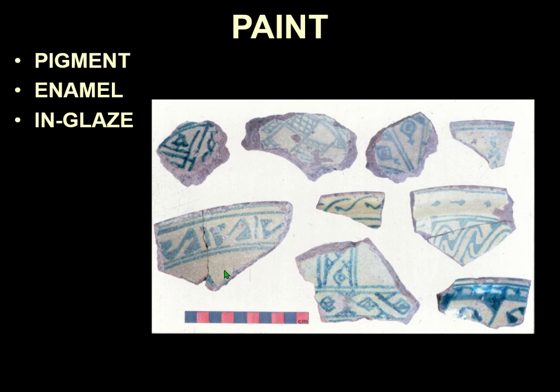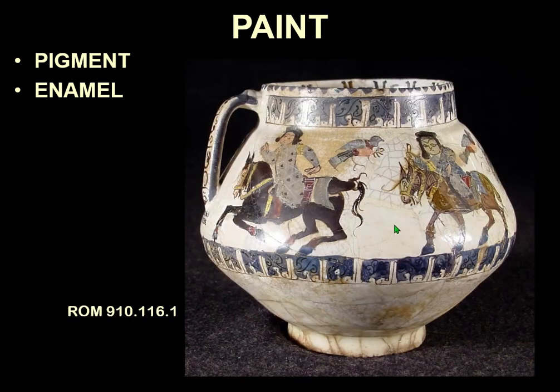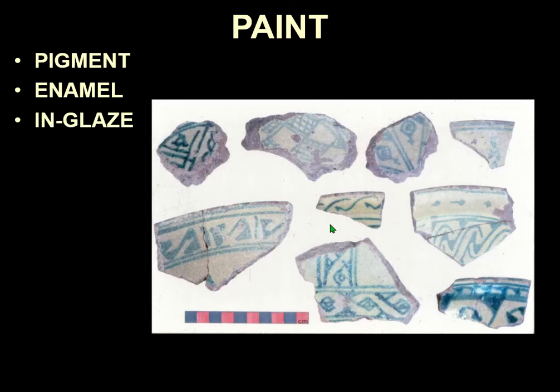So for the one before, the vessel is then fired, and so you have a glazed vessel, and then the enamel paints are put on. But for the inglaze, the paint is applied to a vessel which has not been fired.